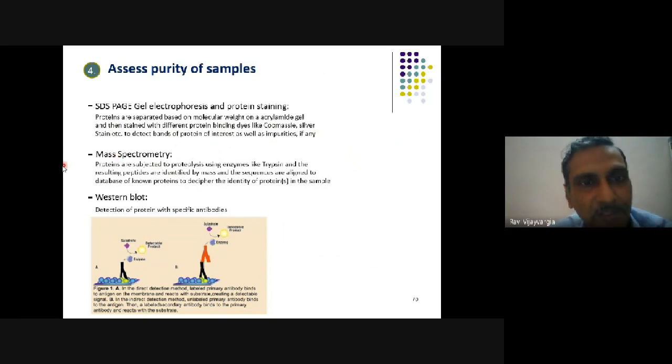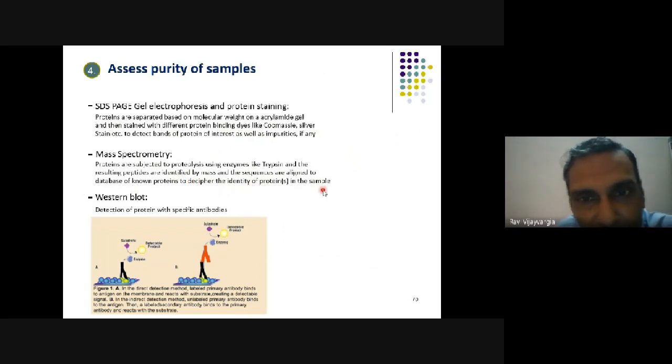It chops your proteins into small fragments using proteases like trypsin, and they are subjected to LC-MS followed by MS/MS, and the sequences obtained are aligned to a known database of proteins to decipher the identity of proteins in the sample.